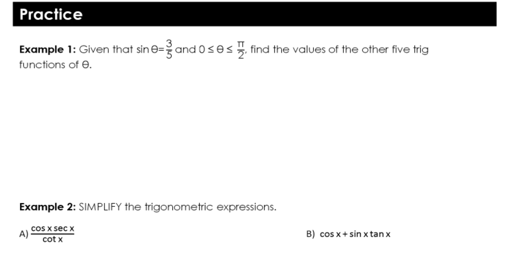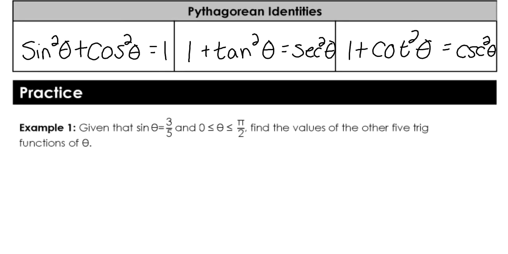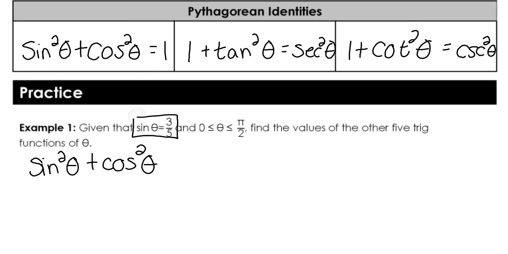So what we know right now using our trig identities, let's go with the Pythagorean identity that we started with here. So sine squared theta plus cosine squared theta equals 1. I'm using that one because I was given the sine here. So that trig identity is true.